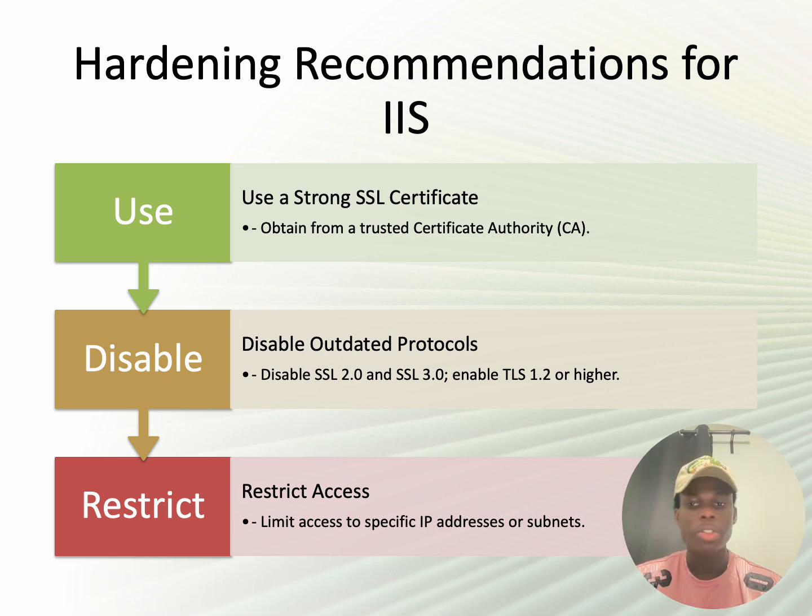Next, disable outdated and insecure protocols like SSL 2.0 or SSL 3.0, to ensure that only TLS 1.2 or higher is enabled. Next, restrict access. I cannot stress it enough. Restrict access by allowing connections only from specific IP addresses or subnets to minimize exposure.